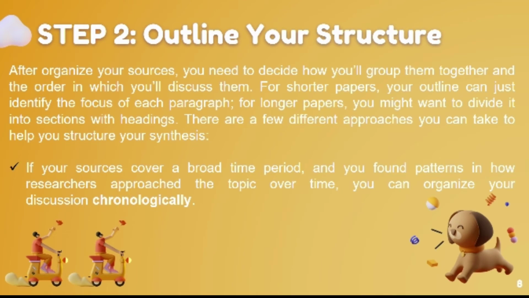After organizing your sources, you need to decide how you will group them together and the order in which you will discuss them. For a short paper, your outline can just identify the focus of each paragraph. For a longer paper, you might want to divide it into sections with headings. And there are a few different approaches you can take to help you structure your synthesis. Number 1.